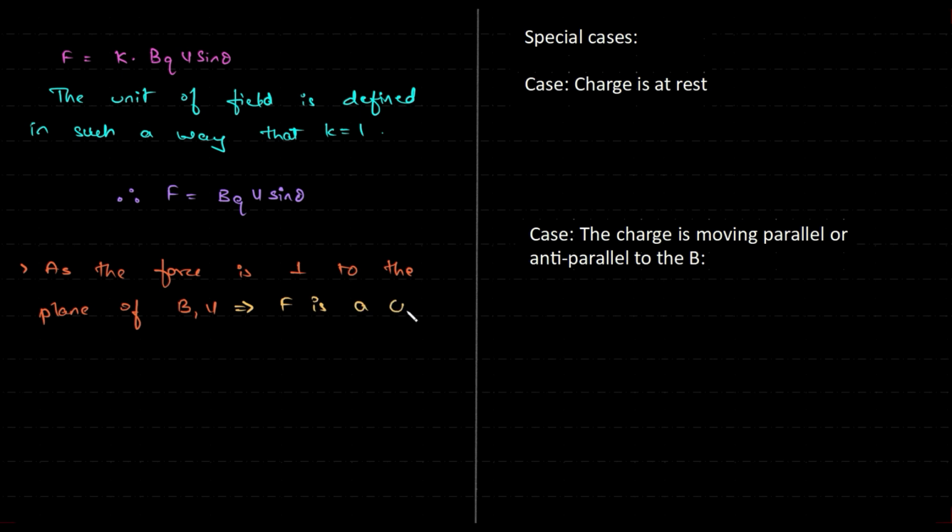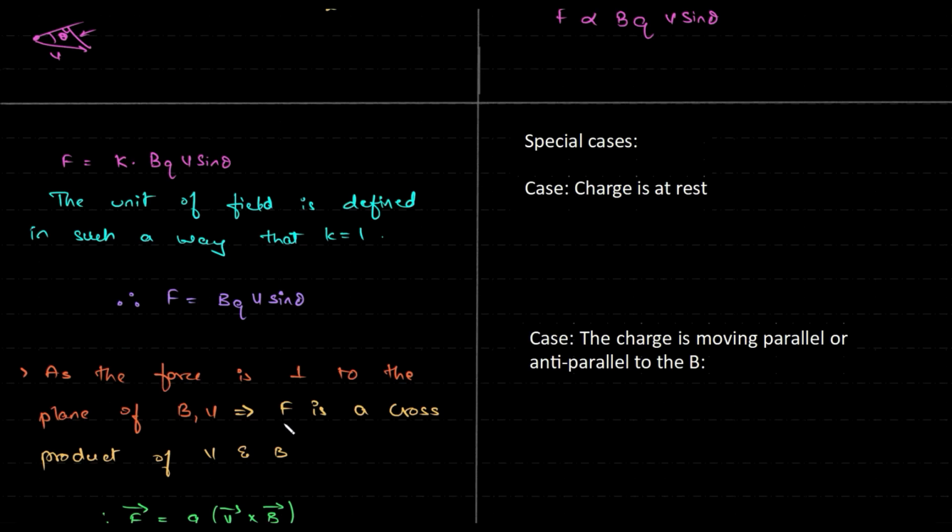Force is a cross product of V and B. And therefore, F is equal to Q V cross B. So how do you decide V is first or B is first?